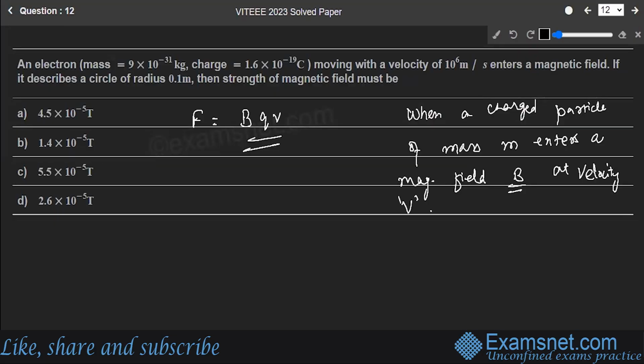And if the field is at right angles to the motion of the particle, then this force is given by magnetic field into charge of the particle into velocity. In simple terms, this is the force exerted by the magnetic field on a charged particle having the charge q moving with the velocity v. All right, so this is F.